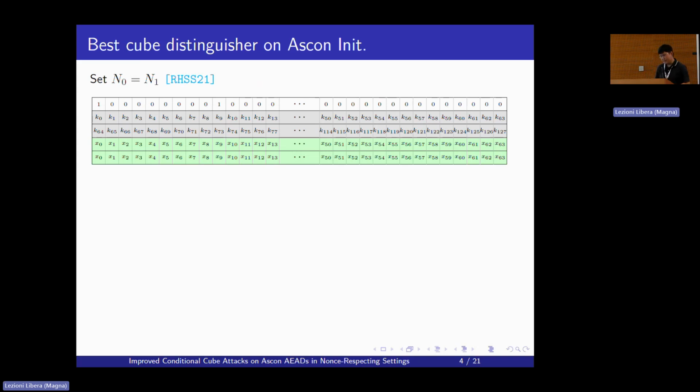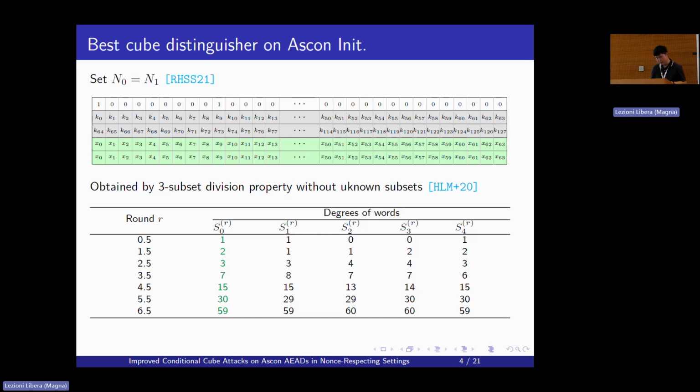Currently, the best distinguisher of ASCON initialization can cover 7 rounds, which is a cube distinguisher. In this distinguisher, we first set N0 and N1 equal. Under such a setting, we can find a lower algebraic degree. Actually, these are upper bounds of the algebraic degree. In that paper, they use the three-subset division property without unknown subset, but without counting the number of trials, to calculate the upper bound of the algebraic degree.